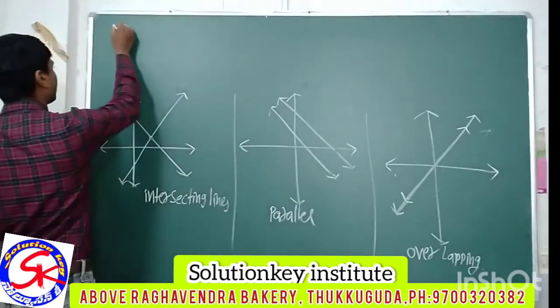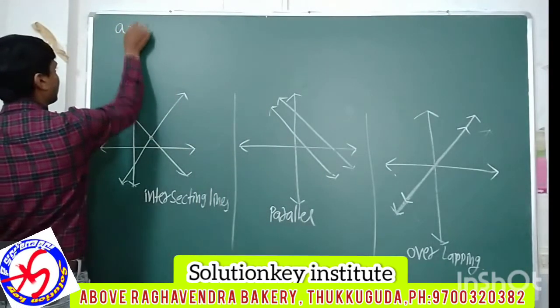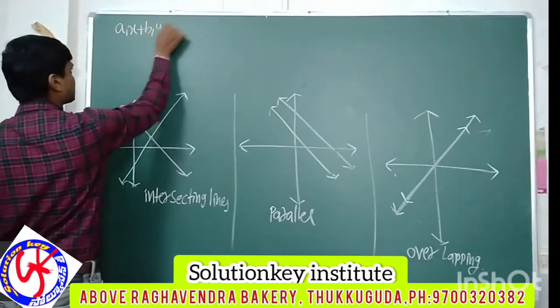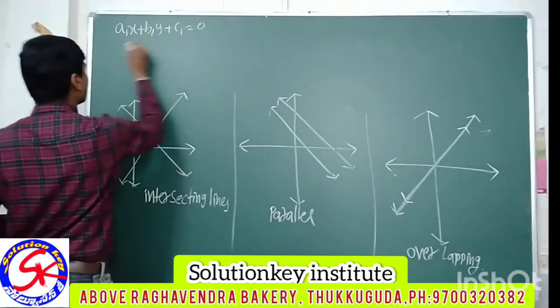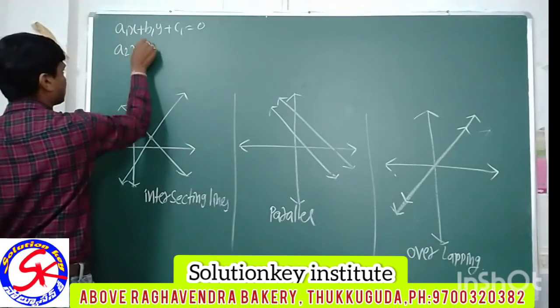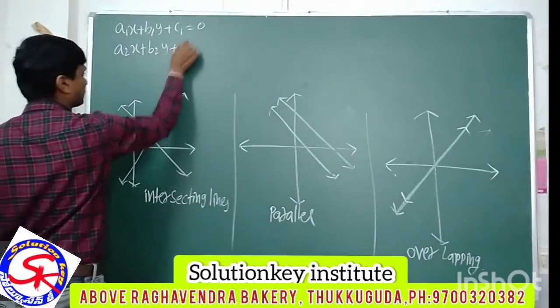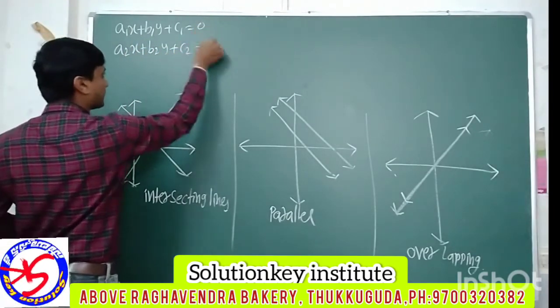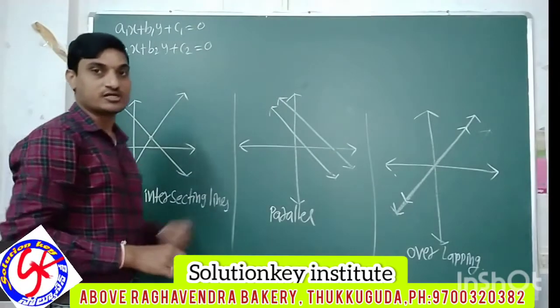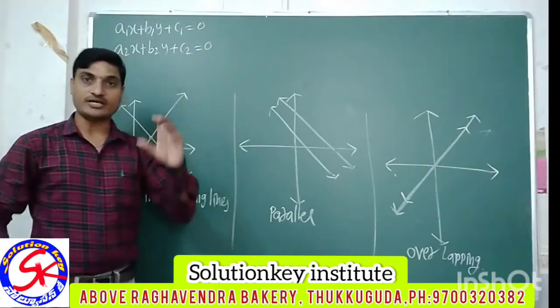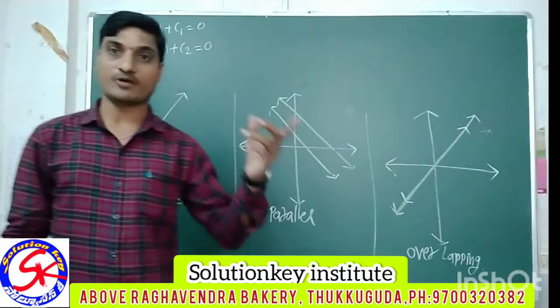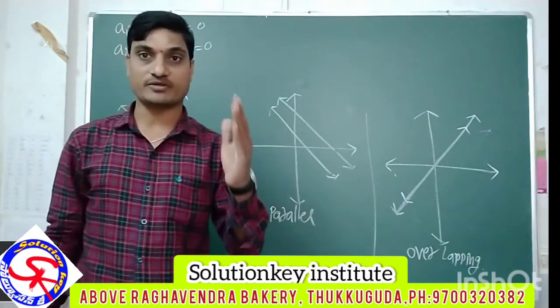If you take a1x plus b1y plus c1 is equal to 0, and the second equation a2x plus b2y plus c2 is equal to 0, equation 1 and equation 2, you take only the real number parts: a1, a2, b1, b2, and c1, c2.